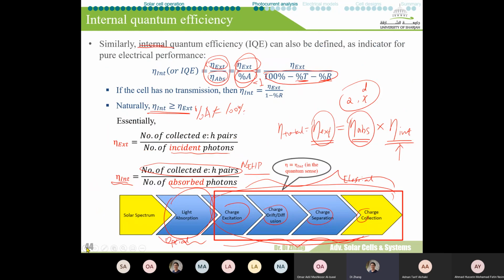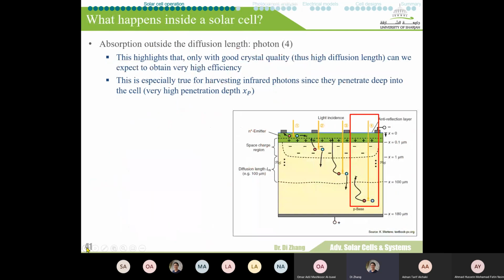That is the first case here, right? We said that the diffusion length here is very, very short. It's almost 0. Near the front surface, in the emitter, first of all, it's very close to the front surface, so it's very easy to be recombined by the surface recombination.